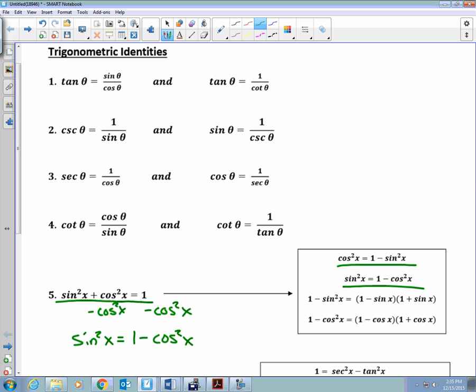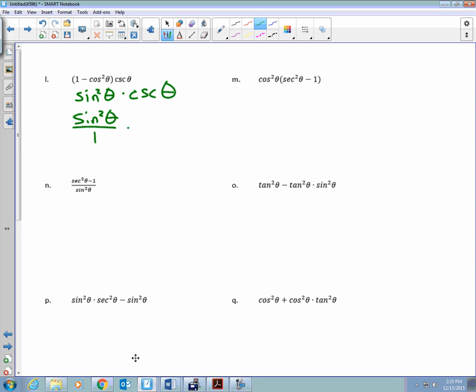So I could choose to insert that piece: 1 over sine of theta. Do both the sines cancel or just one? One of them cancels, okay? So this gets reduced to 1, and that cancels, leaving you with sine of theta. So who would have thunk that 1 minus cosine squared times cosecant ends up being sine? But it does. Okay.